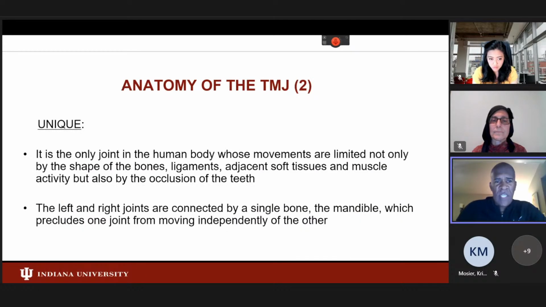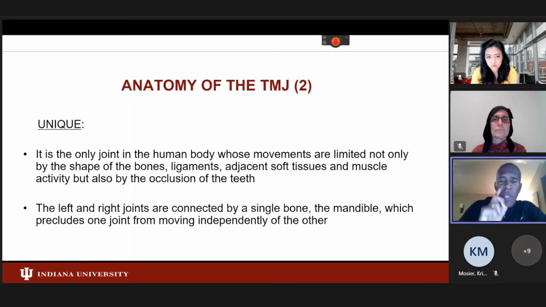So not only is it a complex joint, but it's also a unique joint for two very important reasons. If I were to ask you to flex your right elbow and your left elbow separately, you can do that. If I were to ask you to bend your right knee and your left knee again, you can do that separately. They work independently of each other. The same with our hip joints and so on.